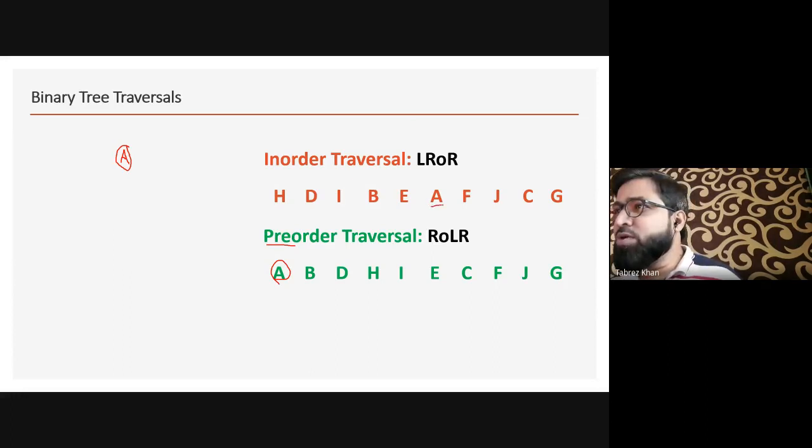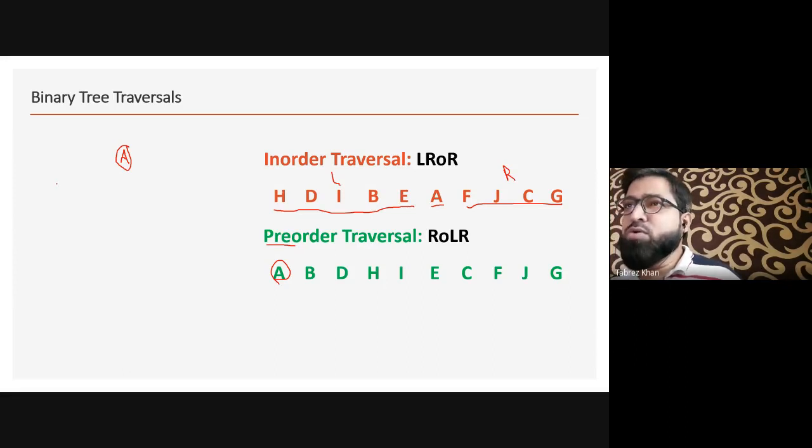And here we have A. Whatever is on the left-hand side of A is the left subtree of A. And whatever is on the right-hand side of A is going to become the right subtree of A. Okay, that we need to understand.